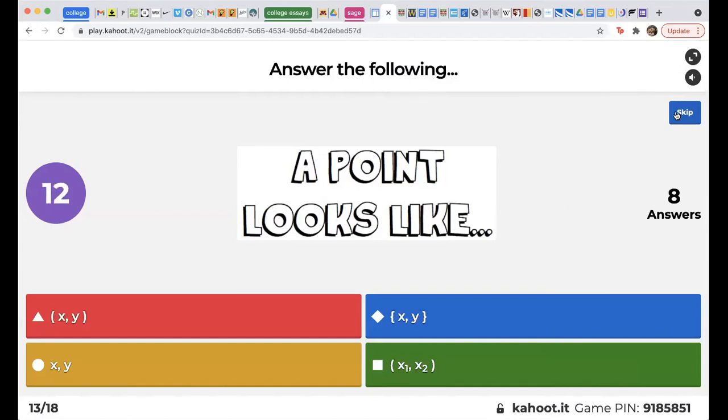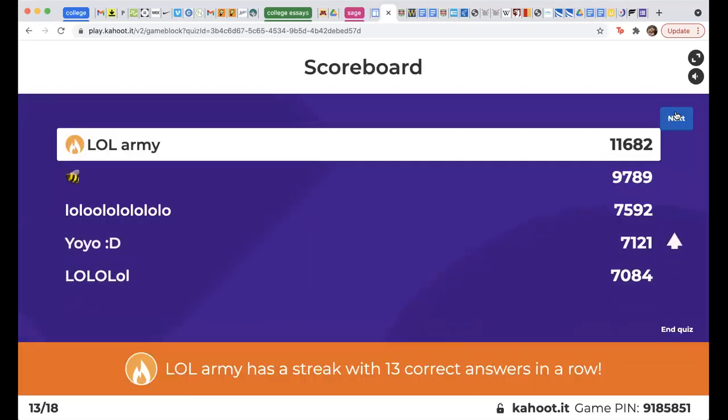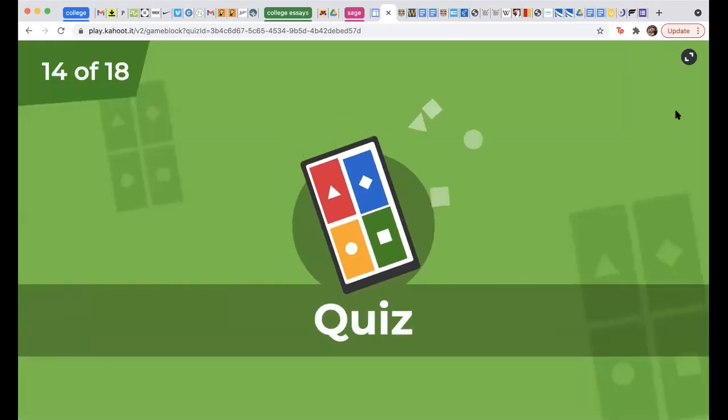We graphed linear equations, so you guys technically should know this. Yes, good job, guys. Oh, Yo-Yo's back, guys.